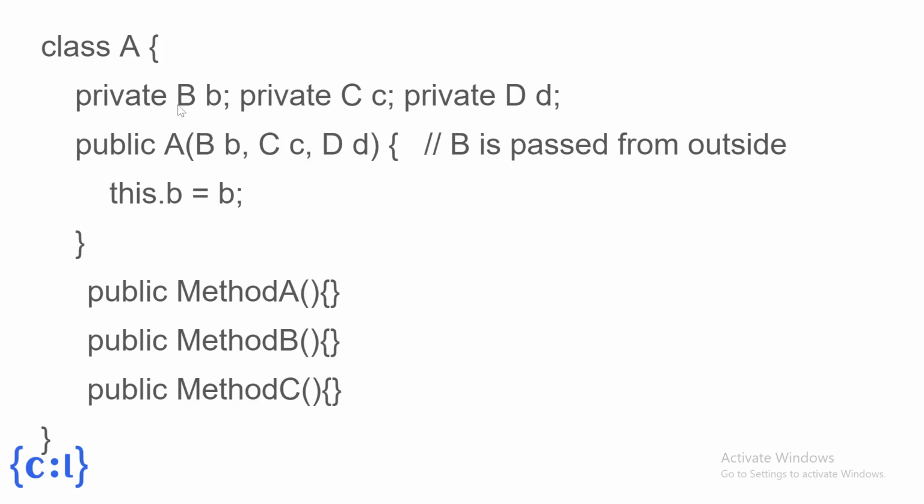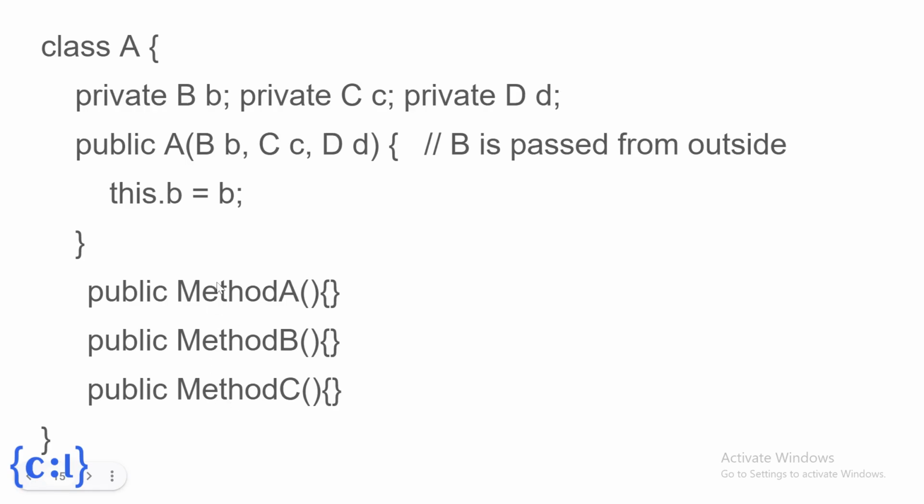Now, class A depends on classes B, C, and D. Class A has three methods: method A, method B, and method C. The three methods use class B and C, but for class D, only method A, or let's say method A and method B, use it, and only class C is used by method C.